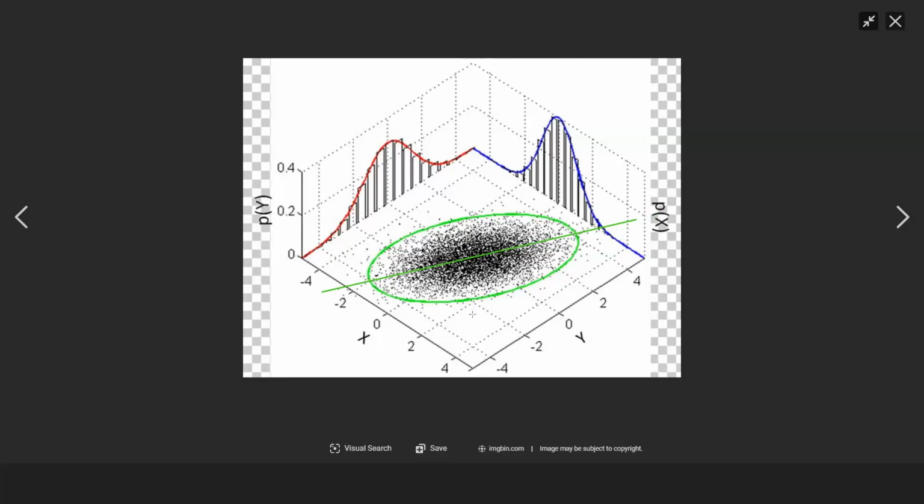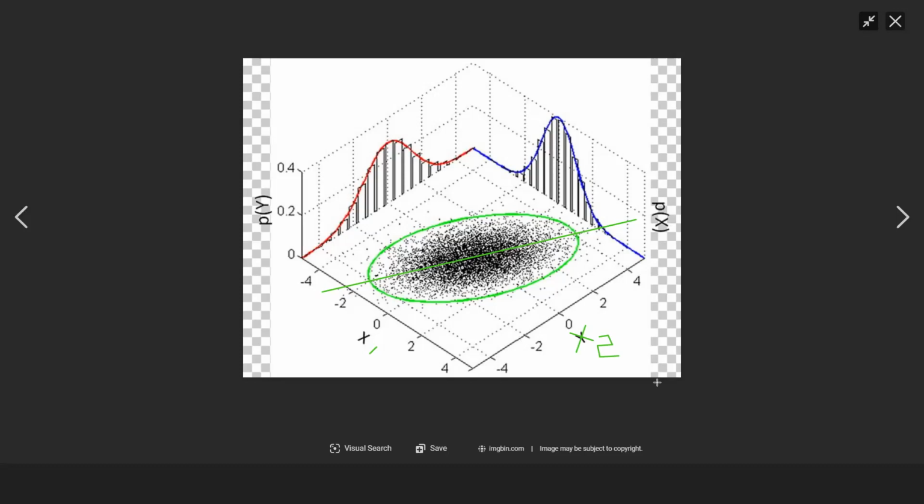But elliptical means that the two variables, x1 and x2, are correlated. That if you know something about x1, then you kind of know something about x2.